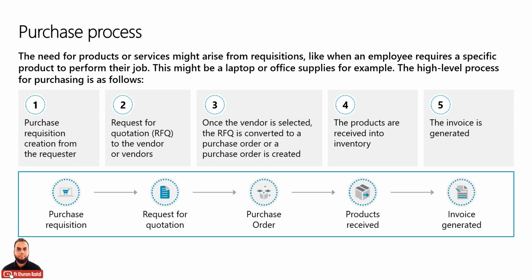And once those products are received into inventory, then invoice can be generated on the basis of purchase order. So this is the whole flow, and payment journal is not covered here, but basically after invoice the payment will be generated.